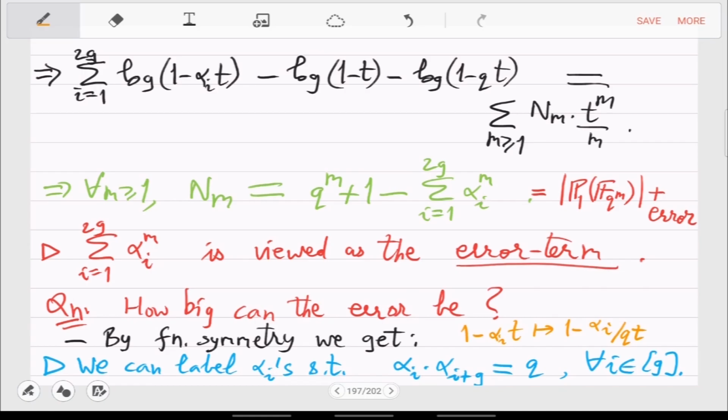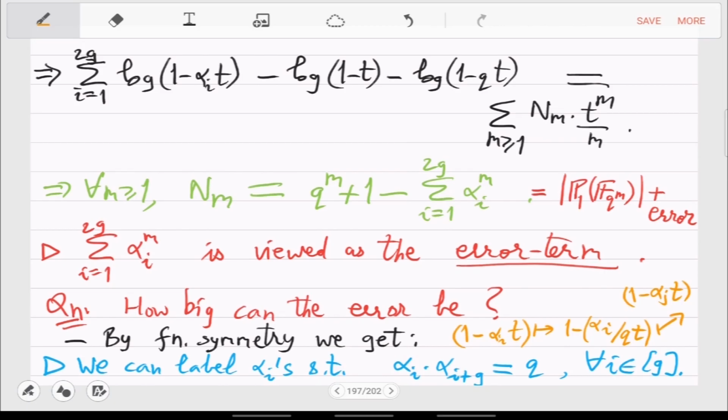So this is the problem. t is also in the denominator, so you have to normalize by t and then see what is happening. So alpha_i by q will be a root, which means that alpha_i by q will be equal to some 1 over alpha_j. So that's the sequence of transformations.